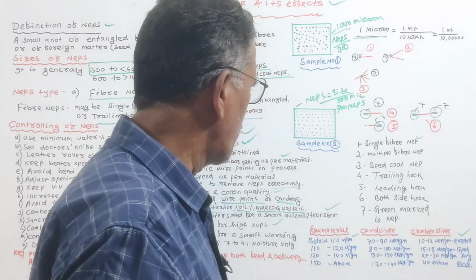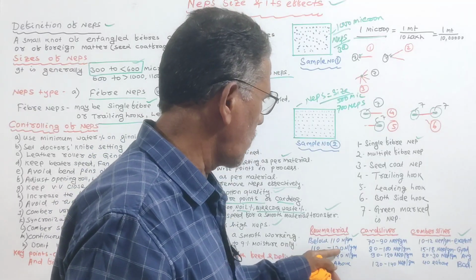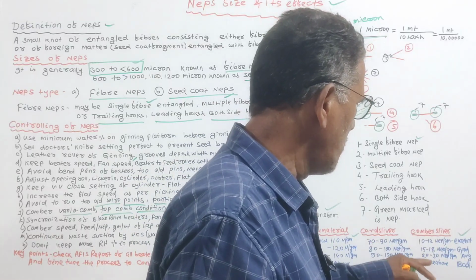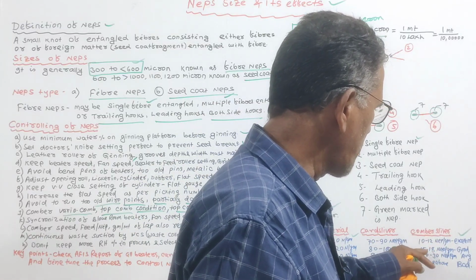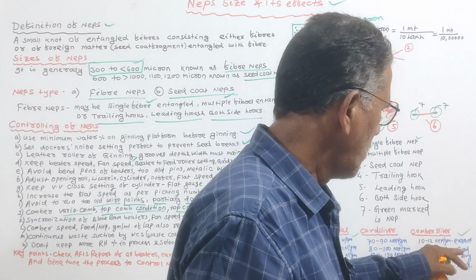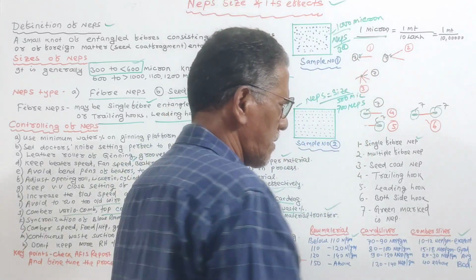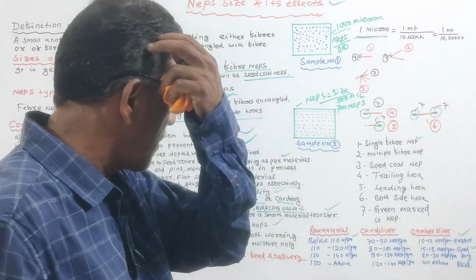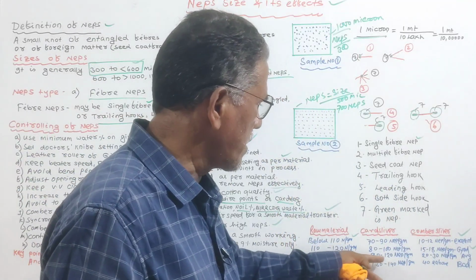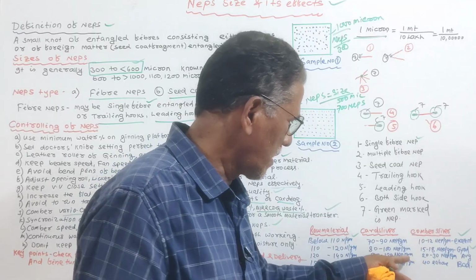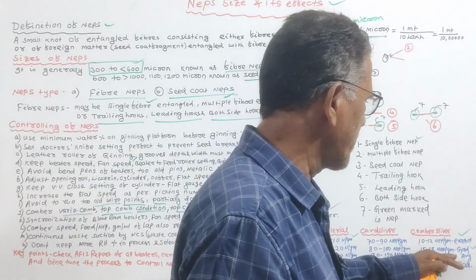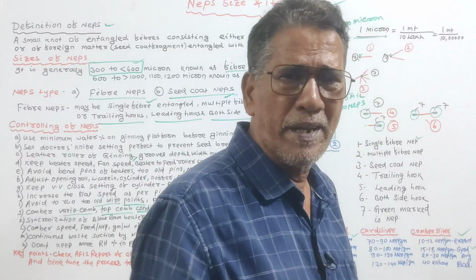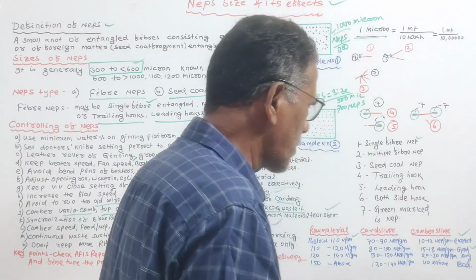If your nap level of raw material is 110 to 120 naps per gram, carding 80 to 100 naps per gram and comber sliver 15 to 18 naps per gram, that is good, not bad. And you see, 120 to 140 naps per gram in raw material, 90 to 120 naps in carding sliver, 20 to 30 naps per gram in comber, that is average, means not bad, not good.